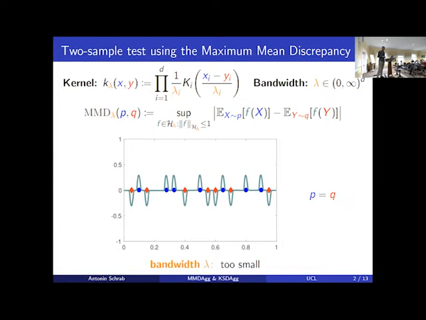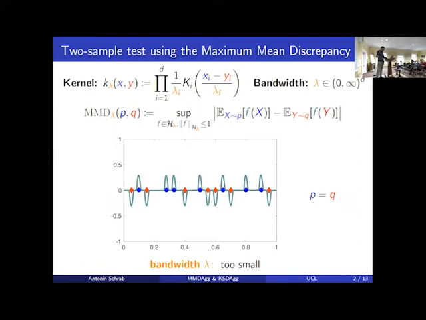and for the case where p is equal to q, if you get a bandwidth that's too small, essentially you're going to detect some noise. So here, both sets of points are drawn from the same distribution, just a uniform one, but with a very small bandwidth, we can still put bumps up and down above the red and the blue points.